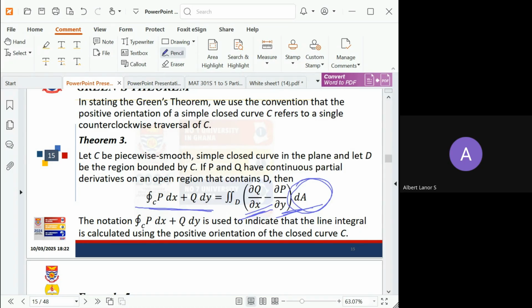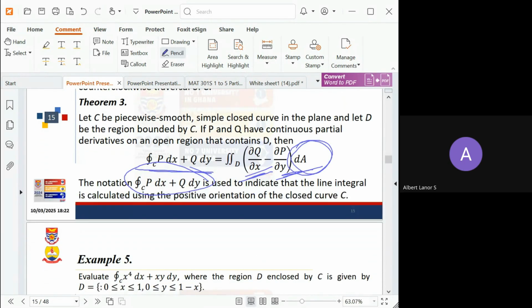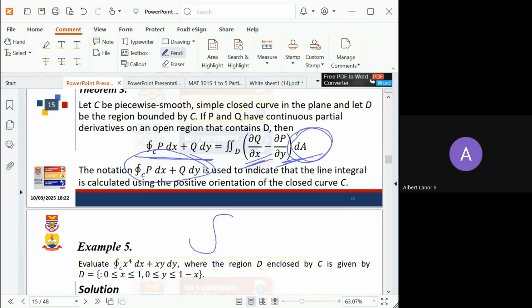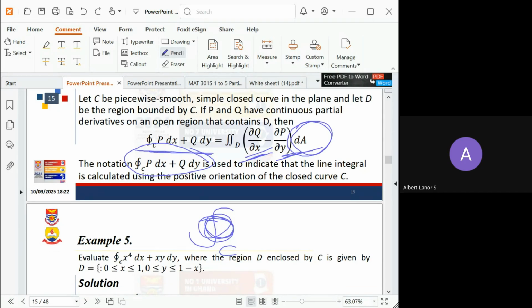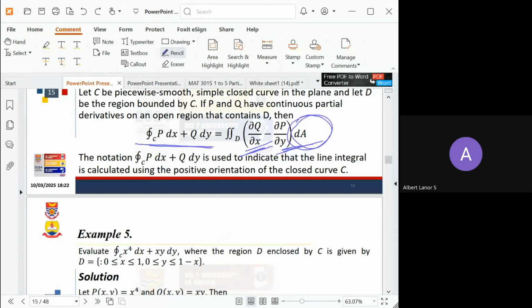The notation of the closed integral of P dx plus Q dy is used to indicate that the line integral is calculated using the positive orientation of the closed curve C. So when you see this sign, the integral is over a closed region, the curve C. Now, by Green's theorem, let's take an example.